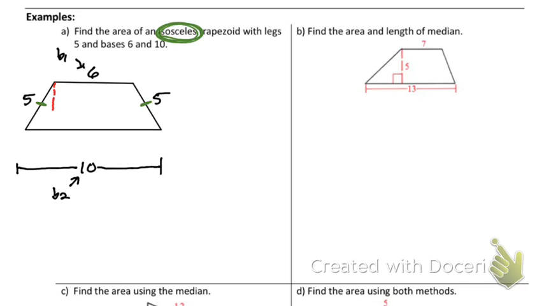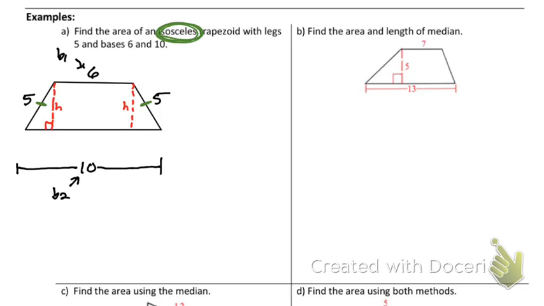So I'm going to drop a dashed line like this, 90 degrees. I'm going to call that my height. And I'm going to do the same thing on this side. Now I circled that isosceles thing for a fact. Most of us know an isosceles trapezoid has both of these the same. There is one more thing that isosceles trapezoids let me do.